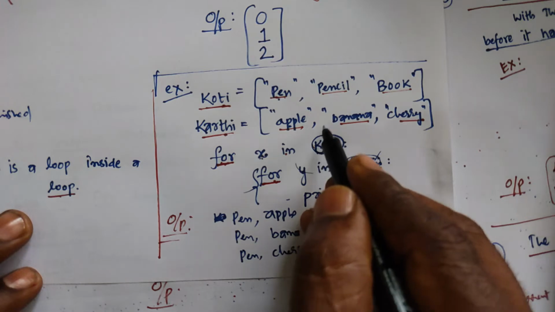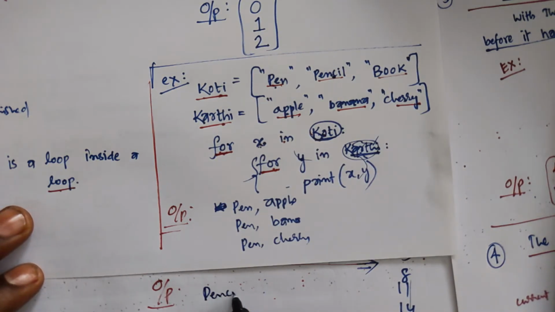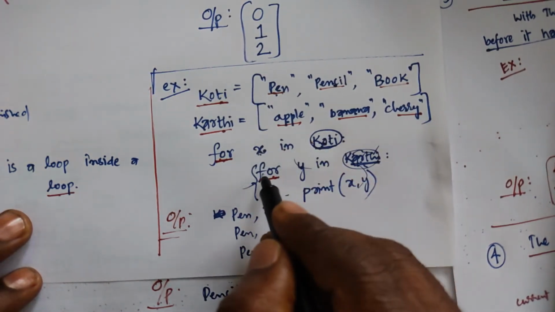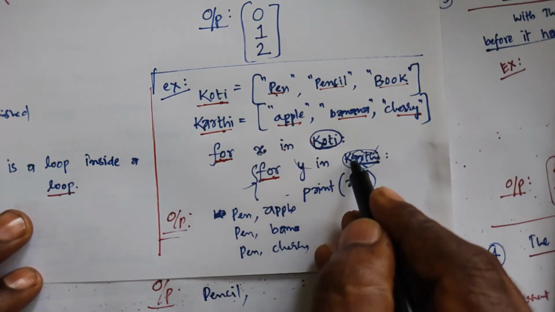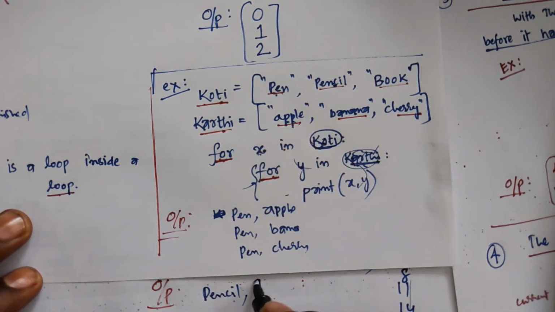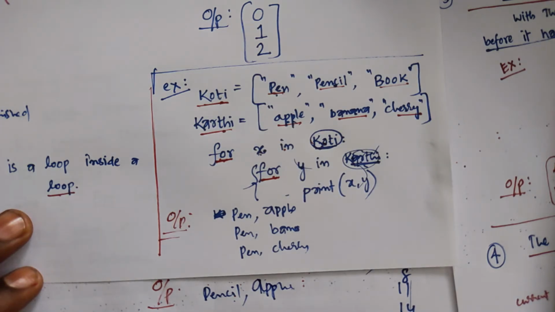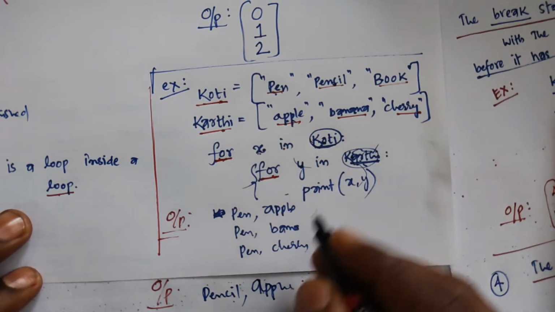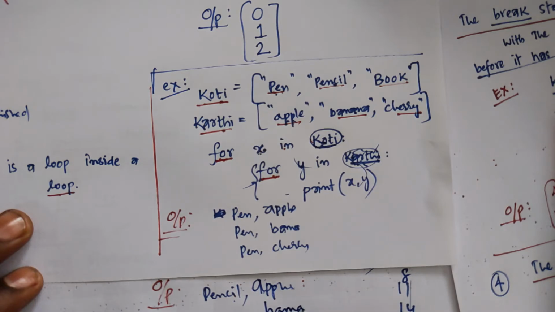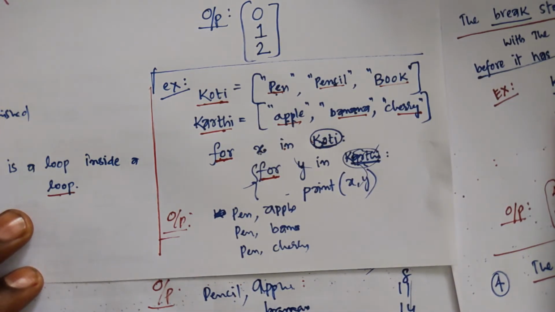Next, Koti is incremented by 1, and the value is pencil. Once again we start from the beginning of the Karthi variable: pencil comma apple, pencil comma banana, pencil comma cherry.